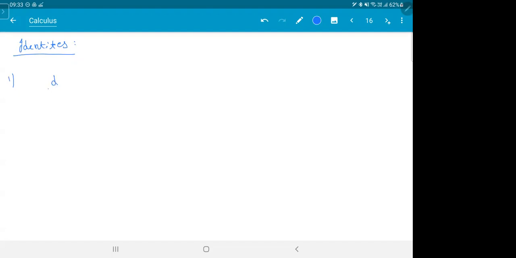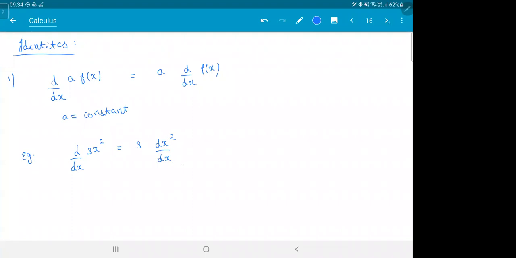If you differentiate a constant into f of x, then a comes out and you just differentiate the function. Example, suppose you're differentiating 3x square, 3 comes out and this is d of x square by dx.